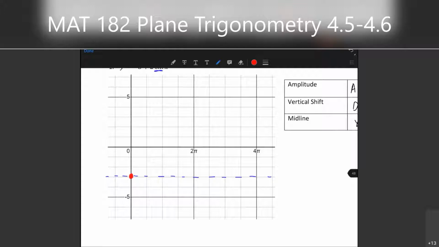And again, notice that the 2 pi is broken up into 4 little sections. So we'll go up on one section, back down on the second section, hit our minimum by that third section, and then back up by 2 pi.